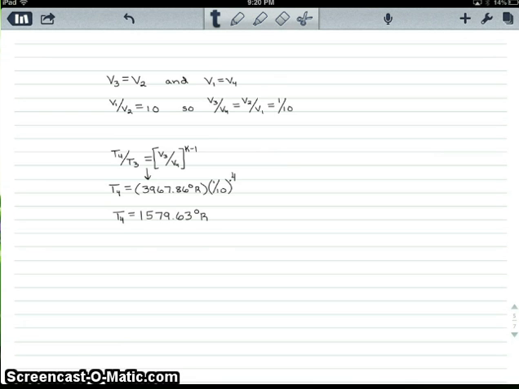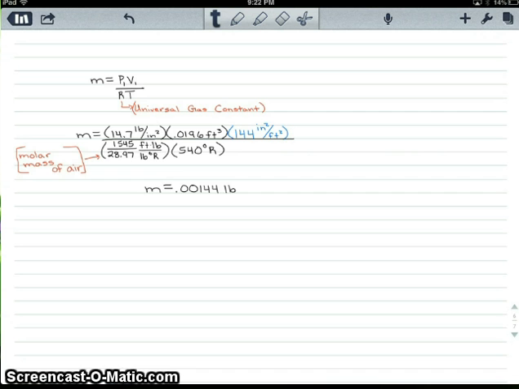We input these comparison values, and you get T4 is equal to 3,967.86 degrees Rankine times 1/10 to the 1.4 minus 1, which, as you multiply out, will give you 1,579.63 degrees Rankine.